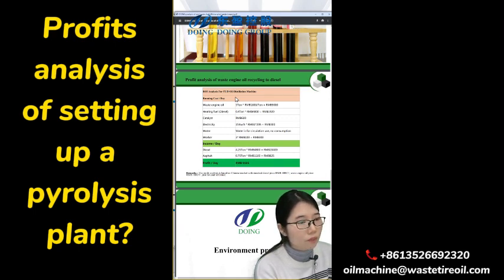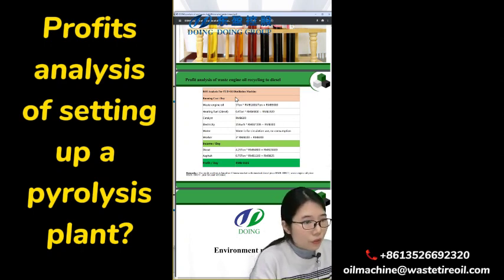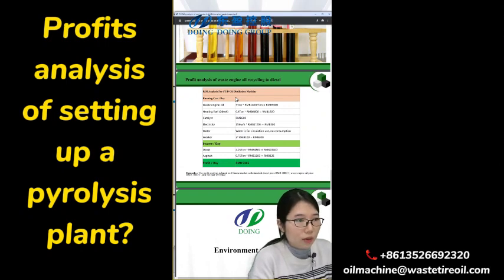As we know, the waste oil price is higher than waste tires or plastic. So for 5 tons of waste oil, it may cost you 9,000 Chinese yuan per day. And for the heating fuel, you need 400 kg extra, which may cost 1,920 Chinese yuan. You also need the catalyst to treat the oil to get diesel, which will cost 600 Chinese yuan.